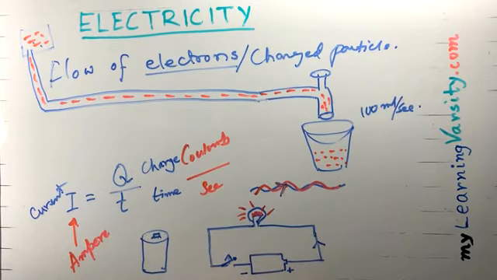Like this, we can introduce many things in the circuit. For example, you want to measure how much flow of electron is in a wire. What is a circuit actually?